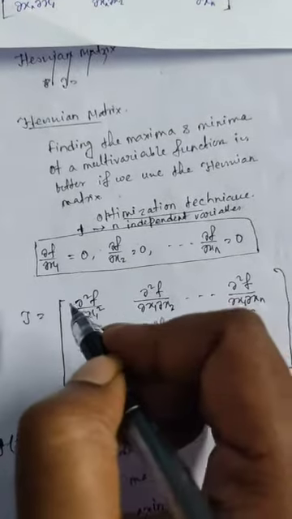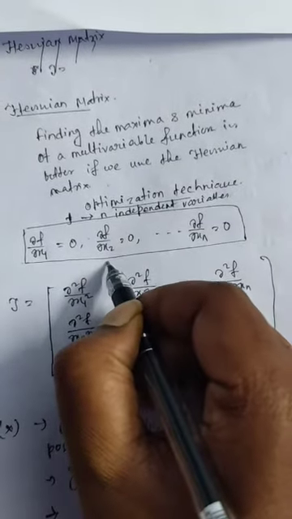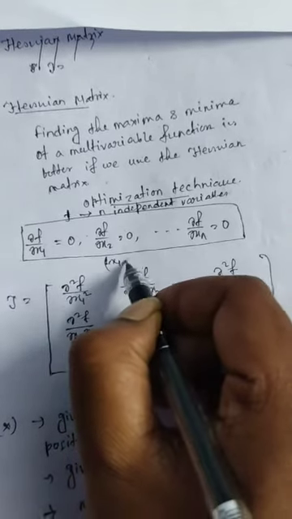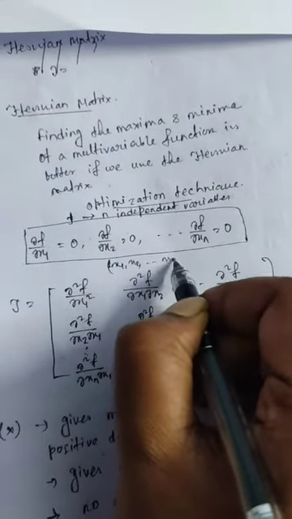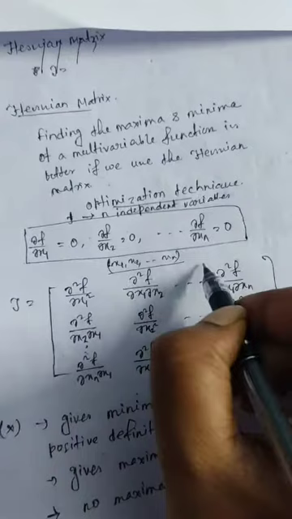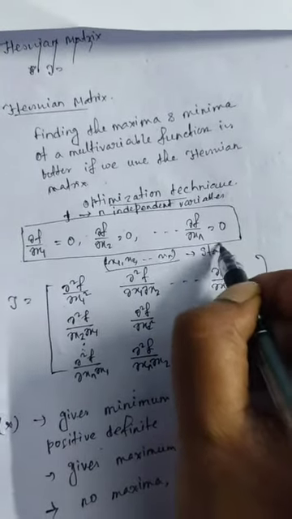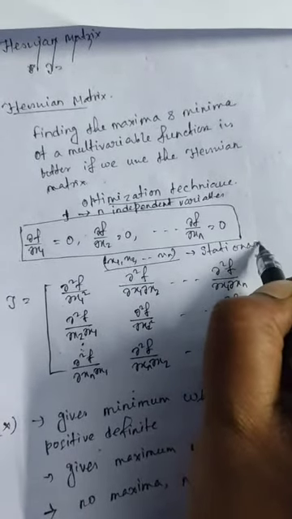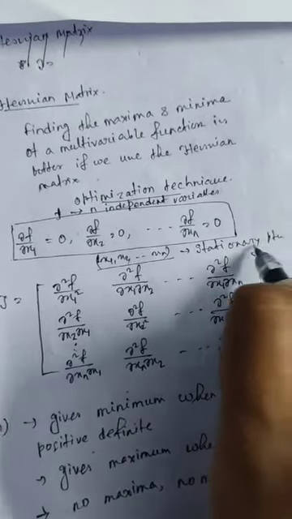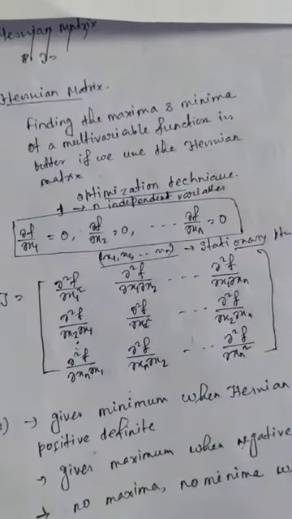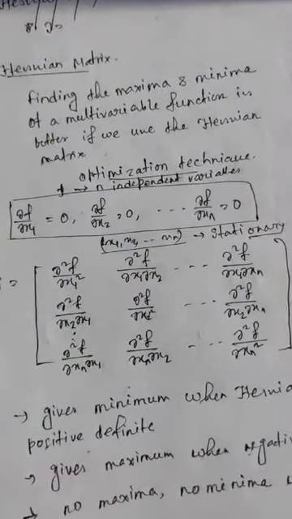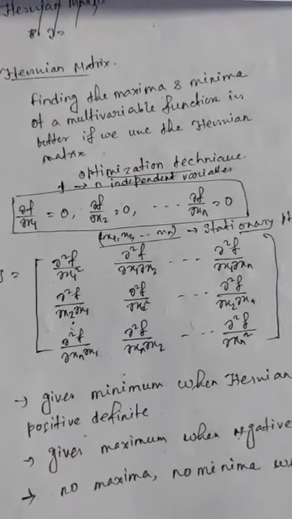Suppose we get x1, x2, dot dot, xn. These points are known as stationary points. Now we have to check the nature of the Hessian matrix at these stationary points.